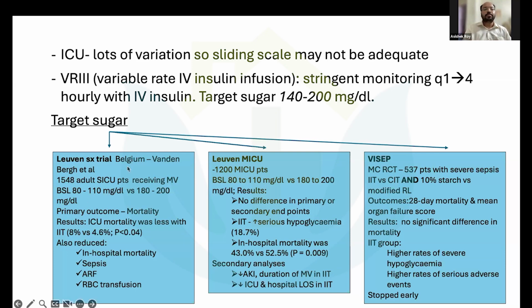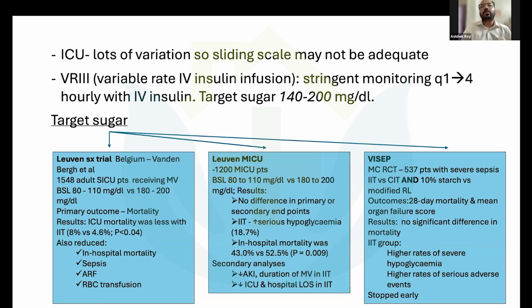Leuven is a place in Belgium where Van den Berghe et al. did a trial on about 1600 patients who were requiring mechanical ventilation, and they divided patients into two groups. One having tighter sugar control, that is 80 to 110, and one having liberal sugar control, 180 to 200. What they showed is that the mortality and the risk of infection were significantly higher in the liberal group, meaning patients in whom the sugar levels were kept higher had bad outcomes.